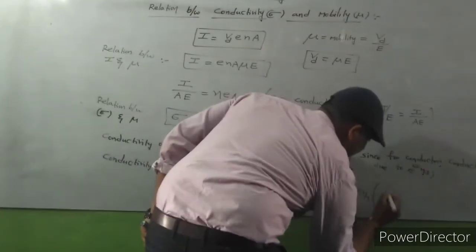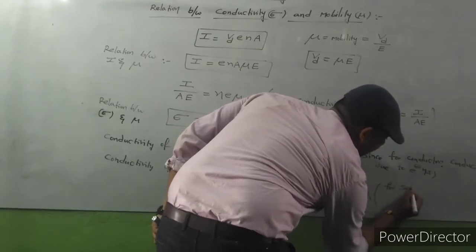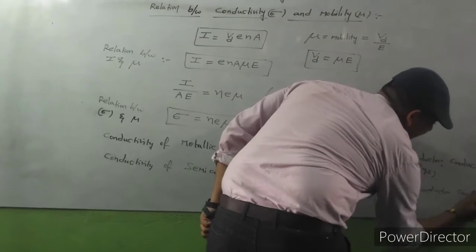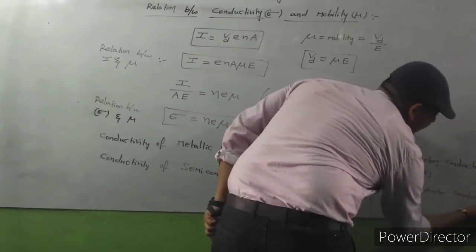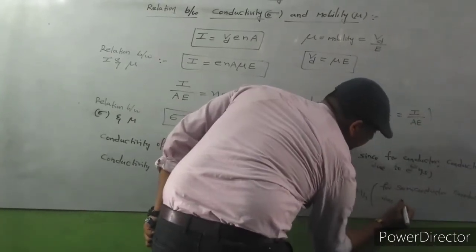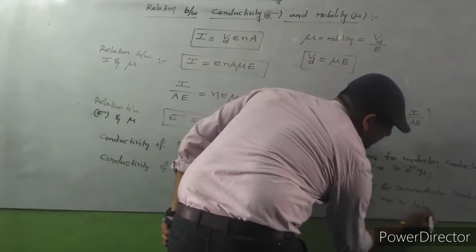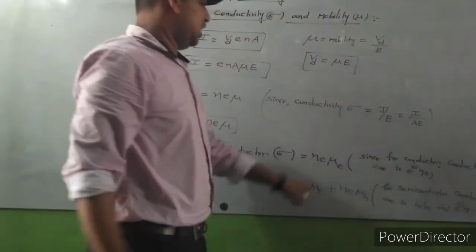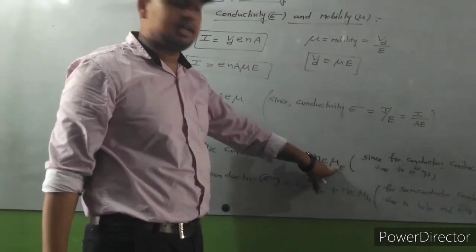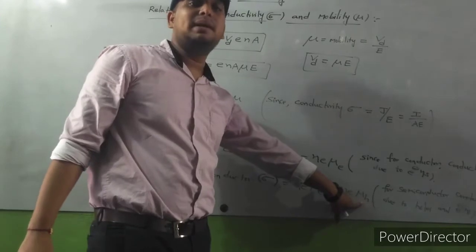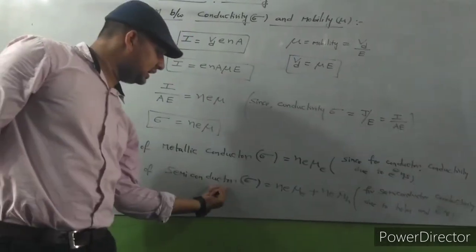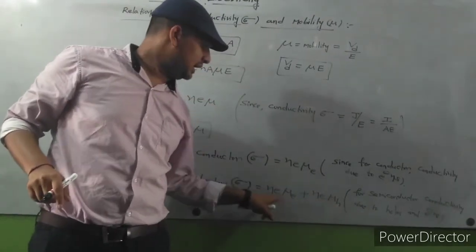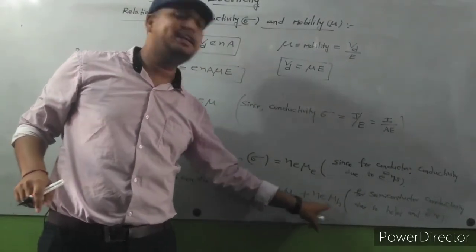For semiconductor, conductivity is due to holes and electrons. So here mu E means mobility of electron, mu H means mobility of holes. For semiconductor, conductivity is due to electrons and holes. That's why Ne into mu E plus Ne into mu H.